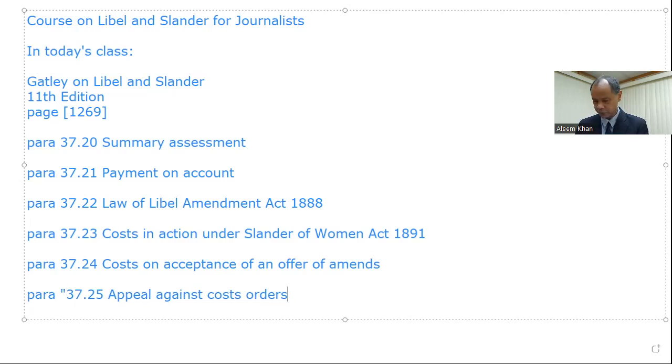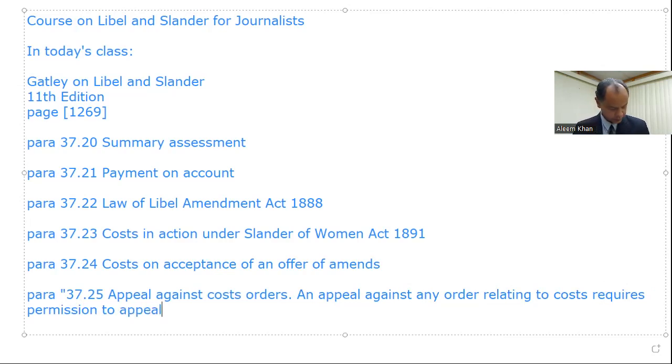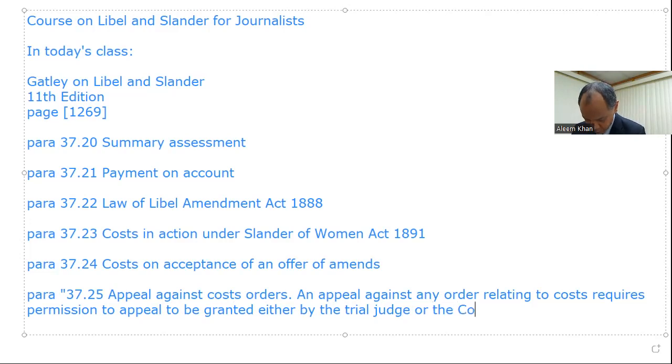An appeal against any order relating to costs requires permission to appeal, to be granted either by the trial judge or the Court of Appeal.